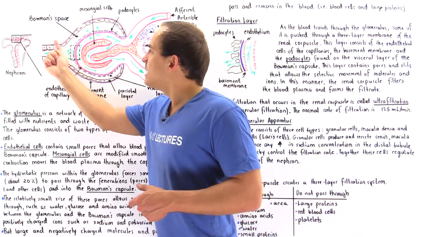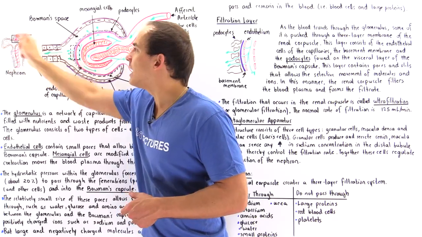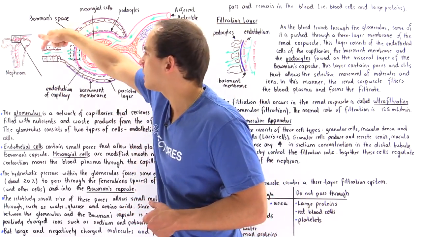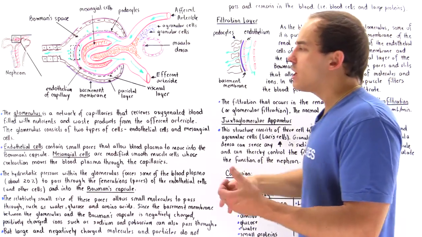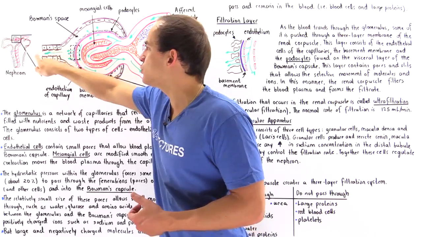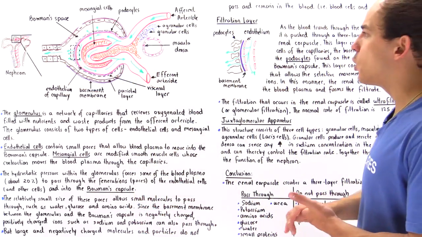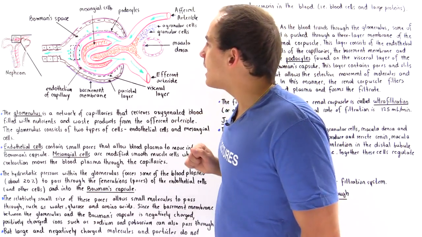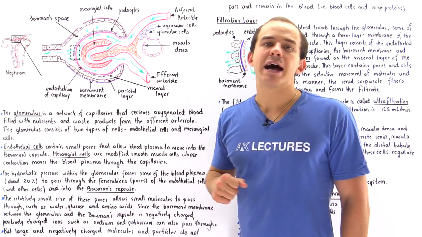Now, by the way, this section here is the beginning of the proximal convoluted tubule. So these cells here are the cells of the proximal convoluted tubule. So the filtrate flows into the Bowman's space and then into the lumen of our proximal convoluted tubule. Now, the other type of cell that is found in the glomerulus is known as the mesangial cell.